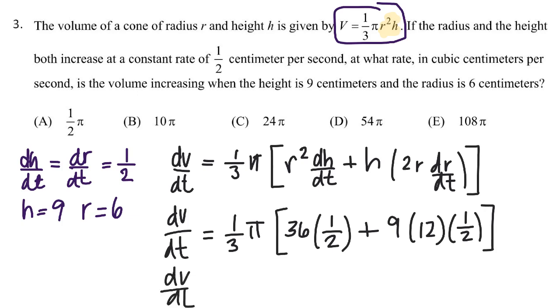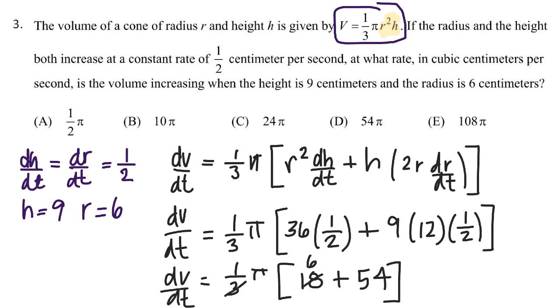So dV/dt equals 1/3 pi times, and on the inside here, we get 18 plus 9 times 6, which is 54. I would cancel that 1/3 with 18, which leaves me a 6.